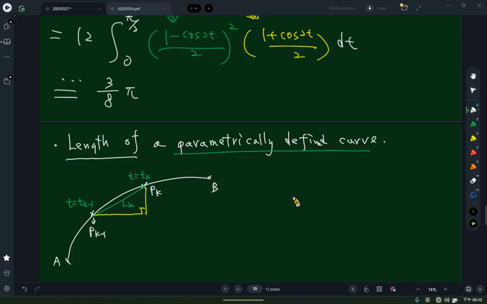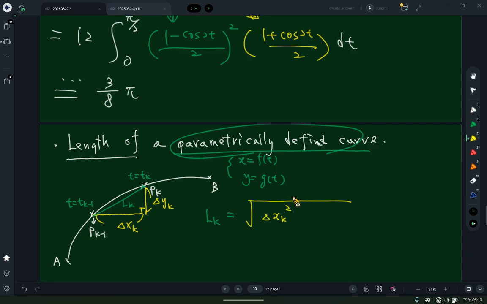In this case, we are also given the parametric functions x equals f of t, y equals g of t. Then L_k here, we will regard it as delta x_k, delta y_k. So L_k can be regarded as the square root of delta x_k squared plus delta y_k squared.